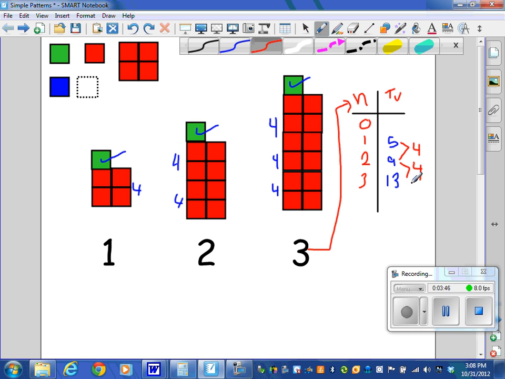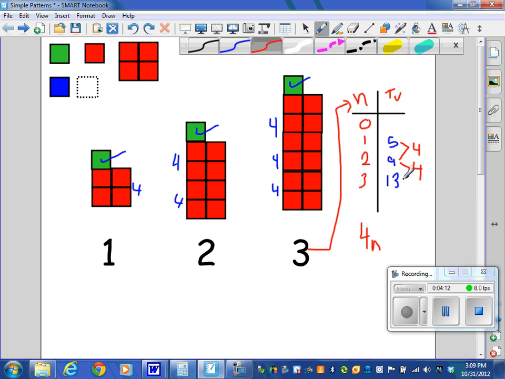So 4 plus 4 plus 4 is the same as saying 4 times 3, or 4 times the term number. So we can write 4 times the term number or any term number as 4n. If I put n in for the term number, it would be 4 times n. If I put 1 in for the term number, it would be 4 times 1. If I put 2 in for the term number, it would be 4 times 2, and so on.